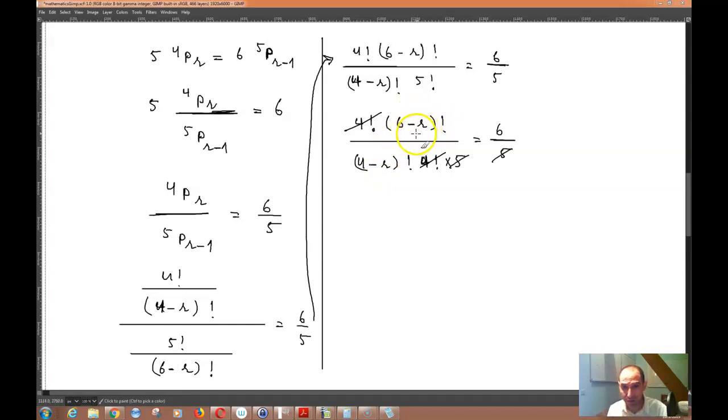Now 6 minus r factorial is the same thing as 1 times 2 times 3 times all the way up to 6 minus r.